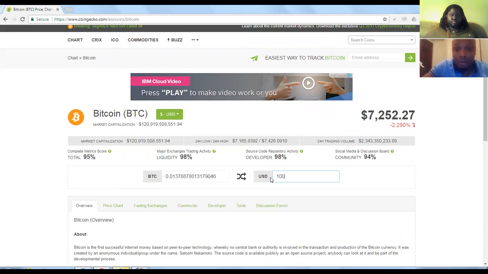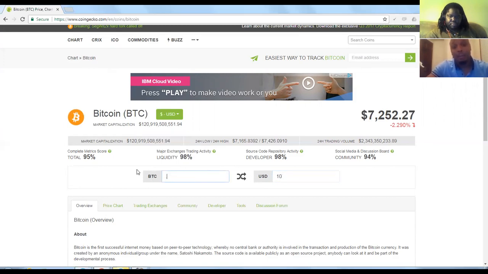And even if I was to go to a smaller decimal place than that, let's say $10 in BTC. Let's say I wanted to buy something online for $10 in BTC. It would convert it into a smaller decimal place. I remember the first time I started to purchase Bitcoin, I bought 0.1 BTC, and it was around $500.